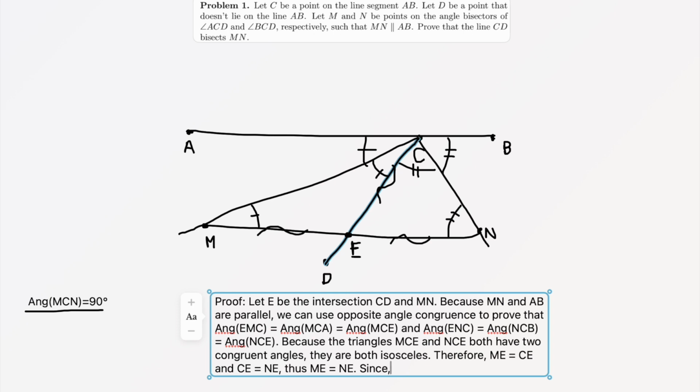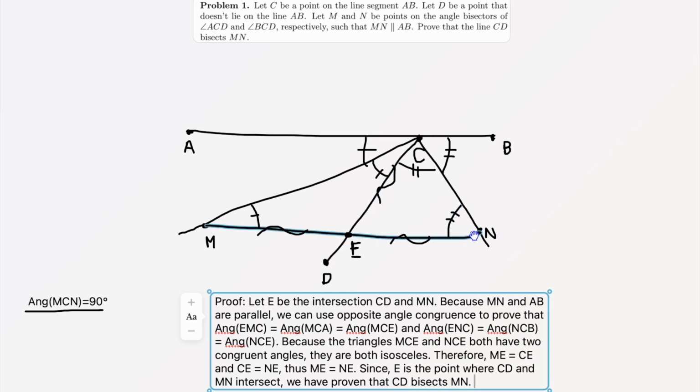Since, just restating, since E is the point where CD and MN intersect, this way we have proven that CD bisects MN since it's split it into two equal lines.